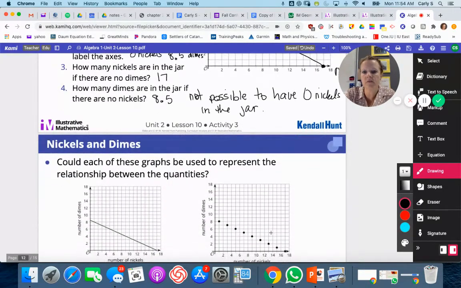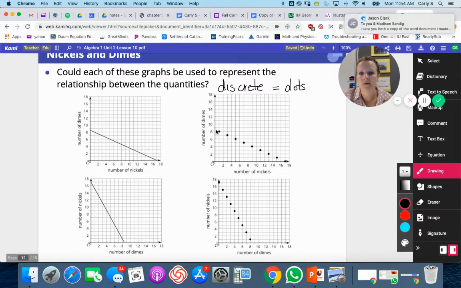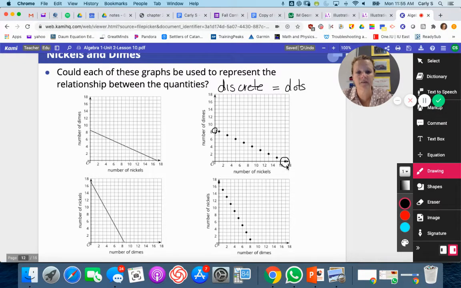Could each of these graphs be used to represent the relationship between the quantities? What we see here is a discrete graph because I have dots representing. Notice there's nothing at 8.5, because that's not possible, so I can't put a dot there. And 17 is the total number of nickels if there are no dimes, so that would be 17, comma 0.